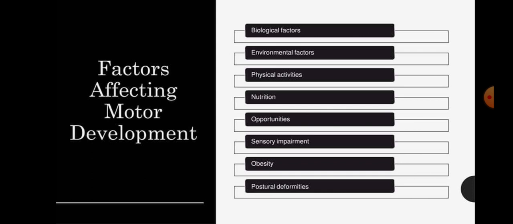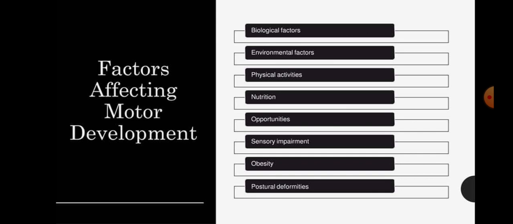And the last point is postural deformities, like spinal curvature, flat foot, knock knees, bow legs, round shoulders. If you have any postural deformity, it will have a negative effect on motor development. Other factors affecting motor development include sleeping.